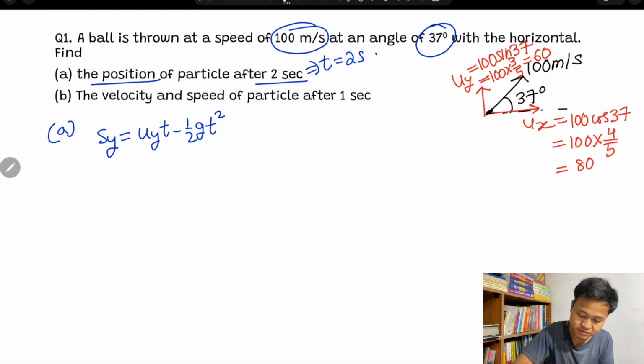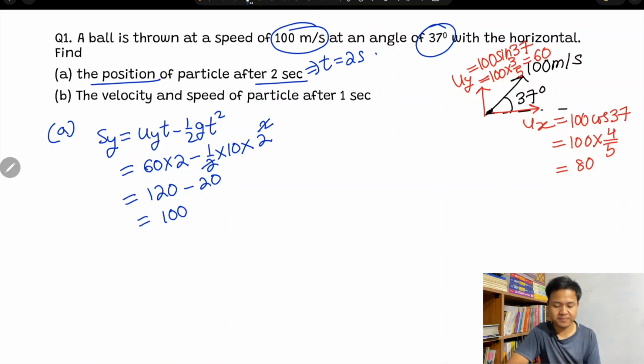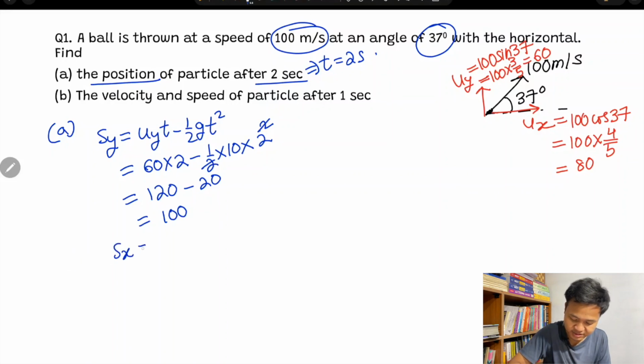Now put these values. sy equals uy, which is 60, into time 2, minus half into z, which is 10, into time 2 square. So 6 twos are 12, minus 2 into 2 cancel, so 20. I will have here 100. The displacement along y is 100. Now along x: ux into t, as ax is 0 for the horizontal component.